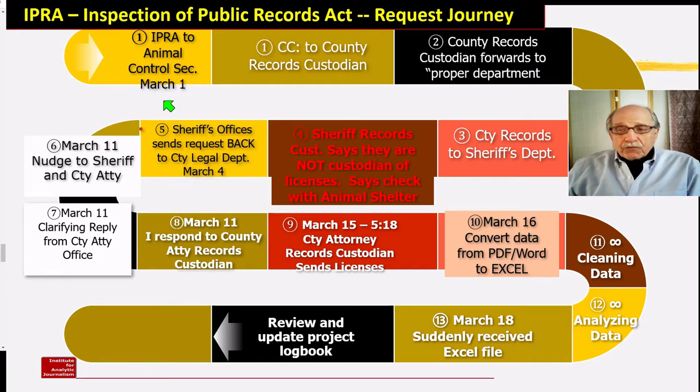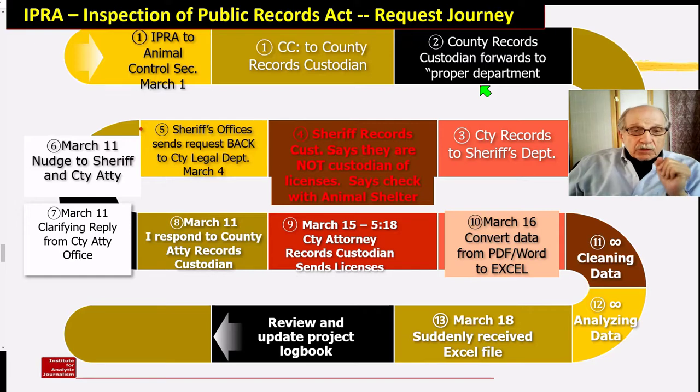So on March 1st, I filed an IPRA request to the Animal Control Secretary, the closest thing to a records custodian on the Animal Control webpage. I also sent it in simultaneously to the county records custodian. The county records custodian promptly sends me a message that she has forwarded my request to the proper department.